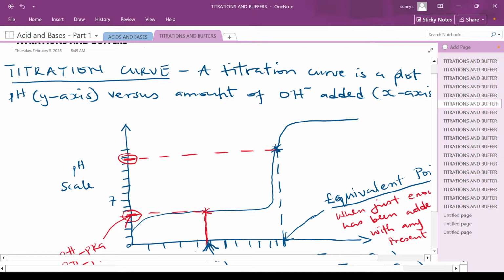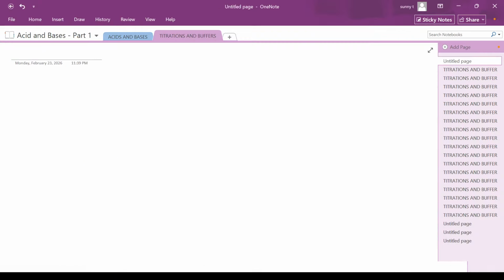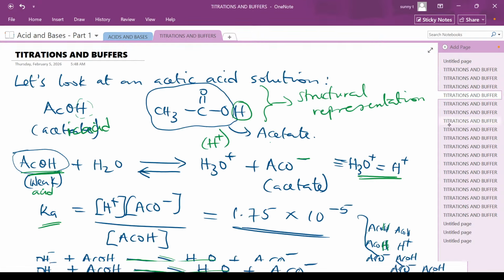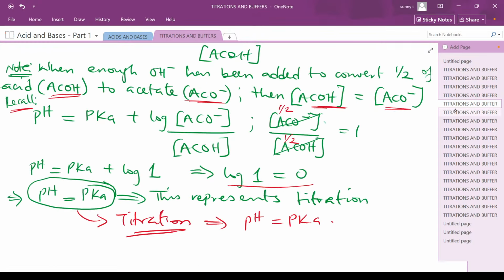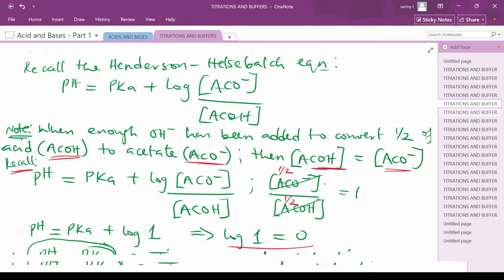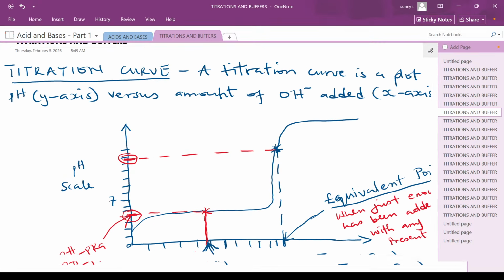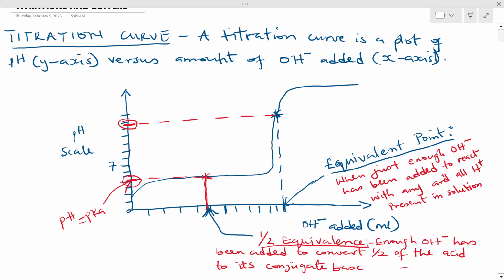So the next thing we begin to see is the titration curve. We are moving fast and we are moving forward. Alright, we've seen this. We've also seen this. Now we are in titration curve. So what is a titration curve?